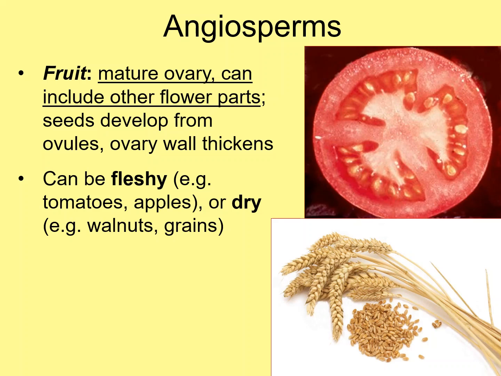Well, they are seeds, except they're seeds that are wrapped in ovary wall. So they're essentially little teeny tiny fruits called achenes. It's another one of those lovely bits of trivia that you can use to fascinate people and stump people in Trivial Pursuit and stuff like that.